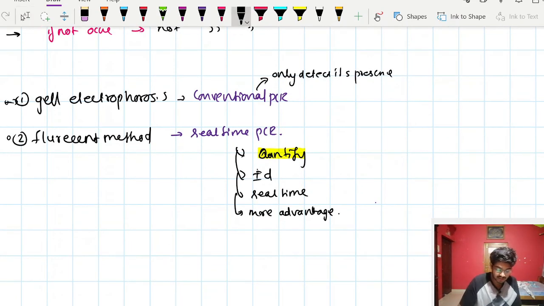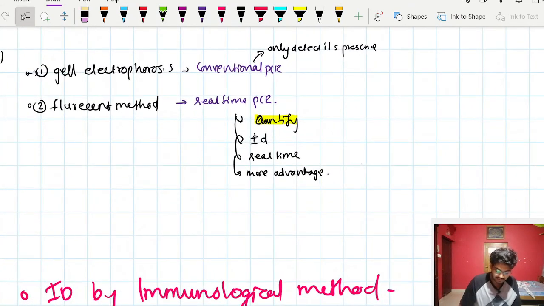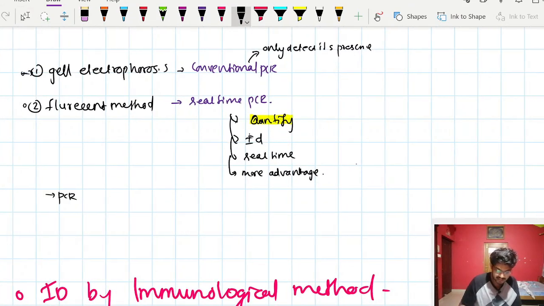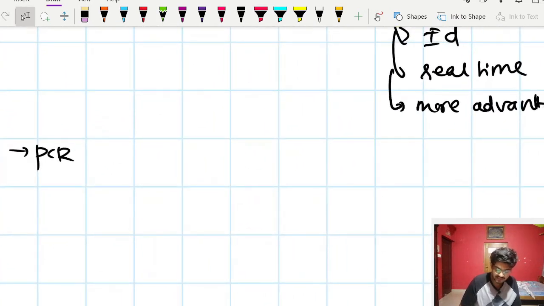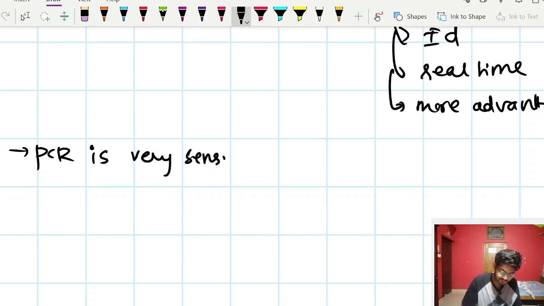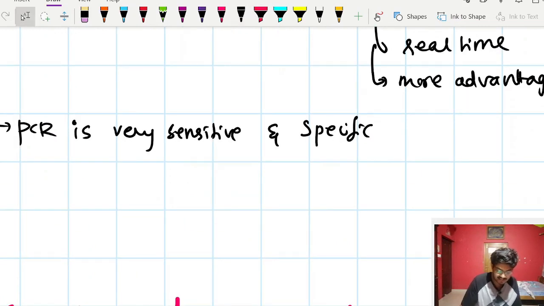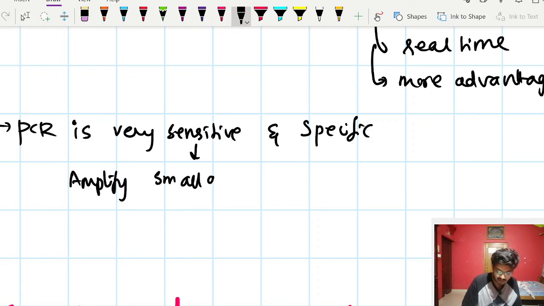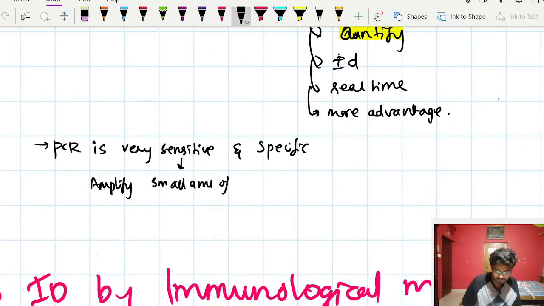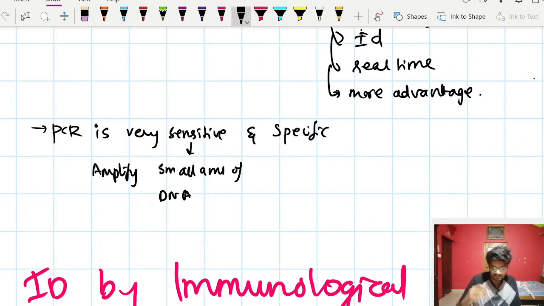Also, compared with many other methods, PCR is more sensitive and more specific. Why do we say PCR is sensitive and specific? It is sensitive because it can detect and amplify a small amount of DNA.